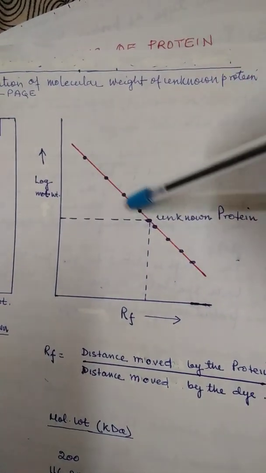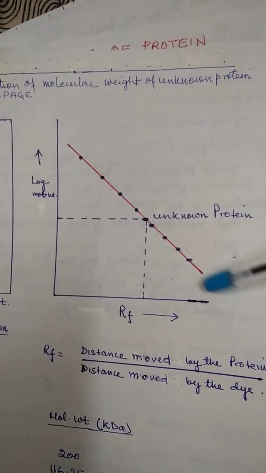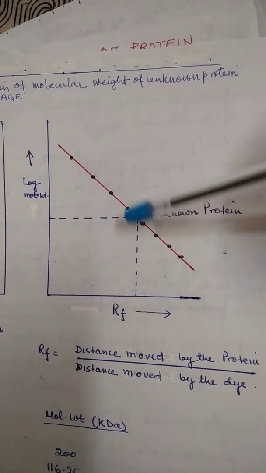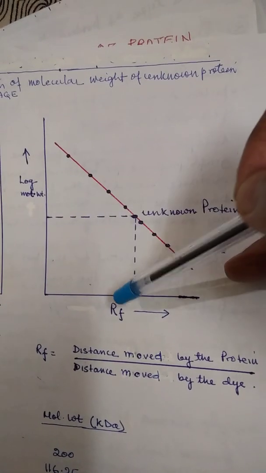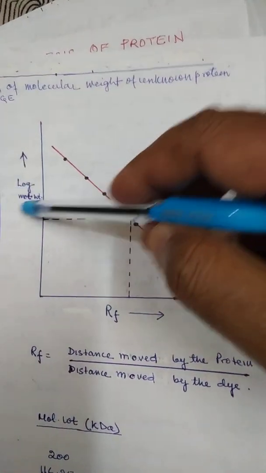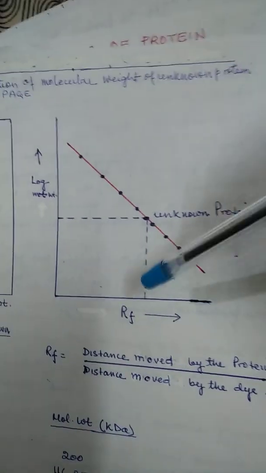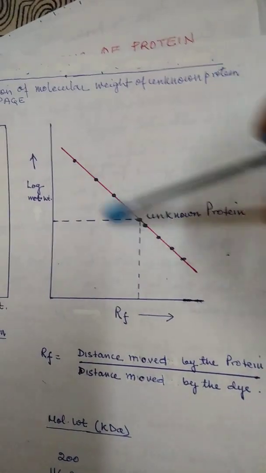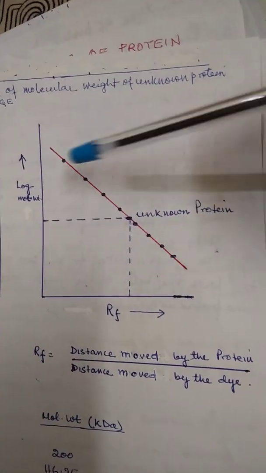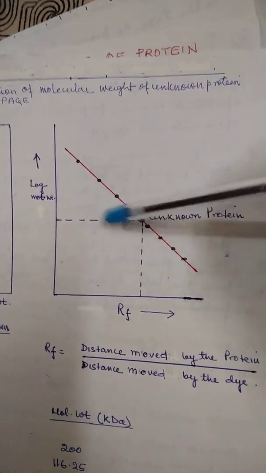This is the straight line of the marker protein. This straight line gives the idea about the distance traveled or RF value against the log of molecular weight. So we get a graph of proteins of known molecular weight.